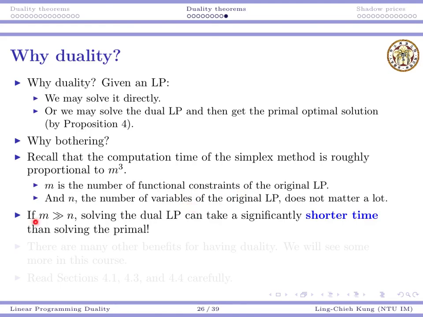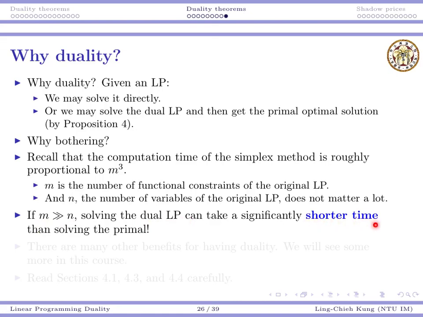So if your primal problem has many more constraints than variables, then solving the dual is a good idea. Because in the original case, solving the primal takes more time. But when you have more constraints than variables, solving the dual is quite possible to give you a shorter time and then the optimal solution.